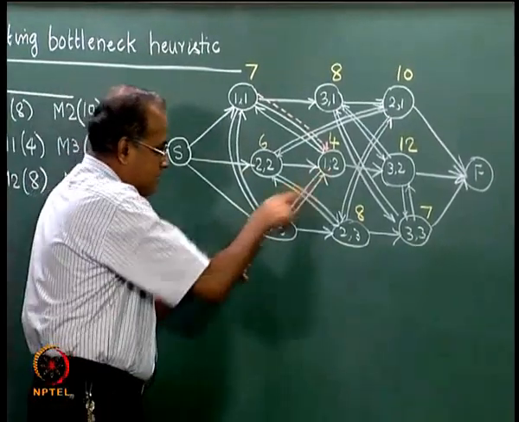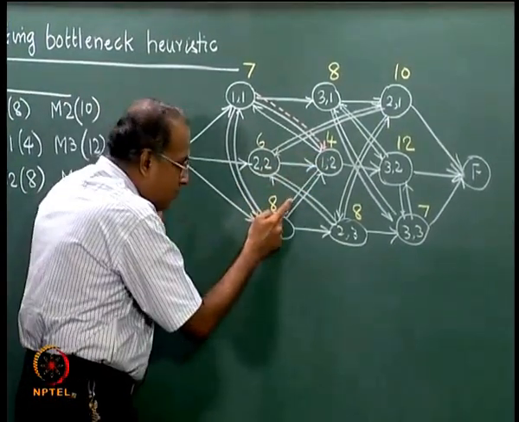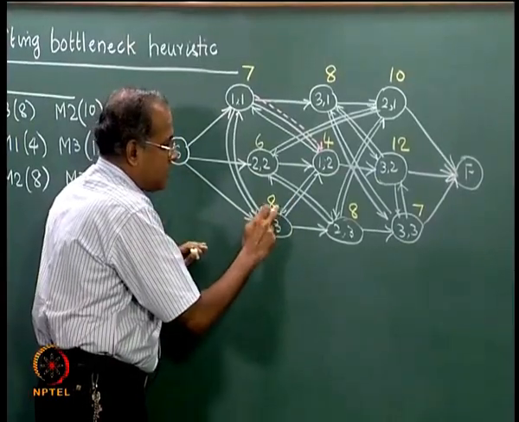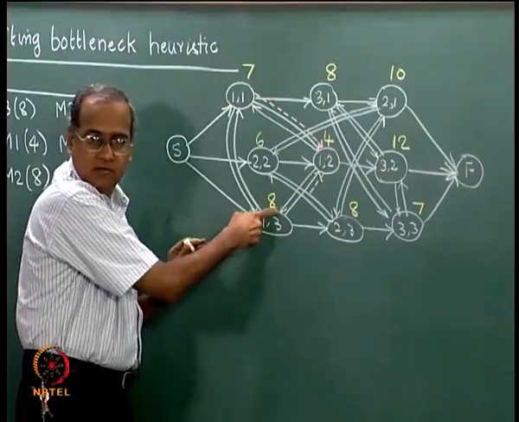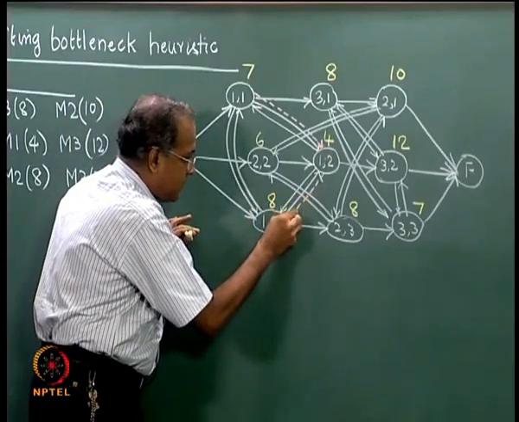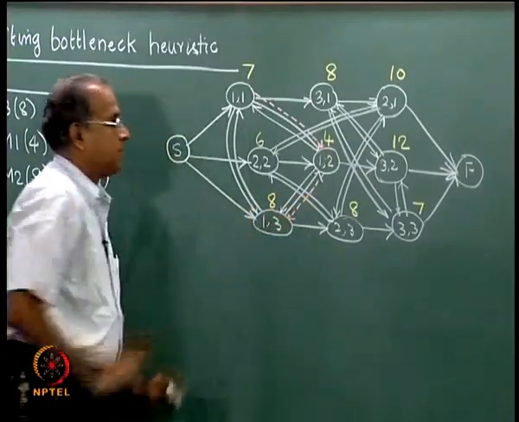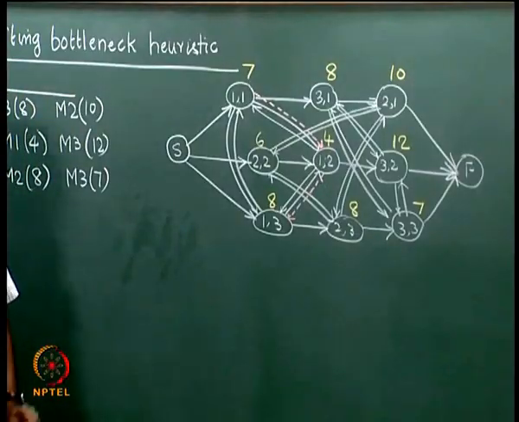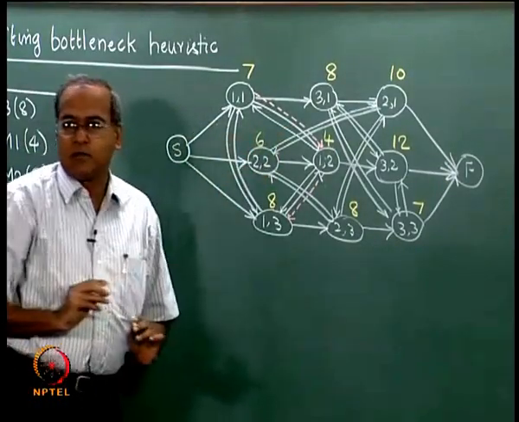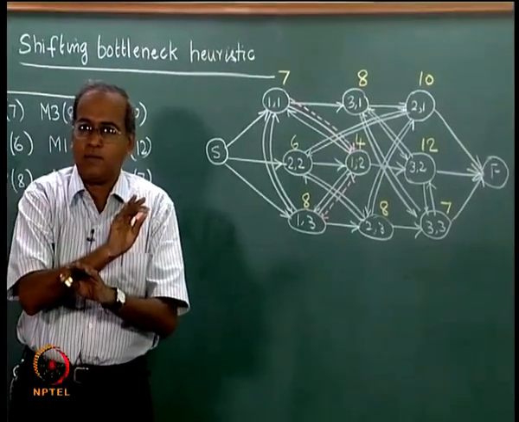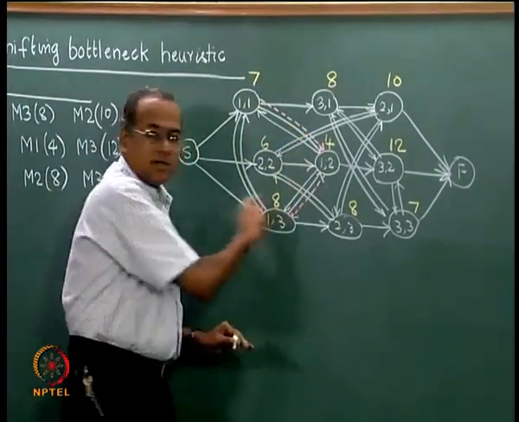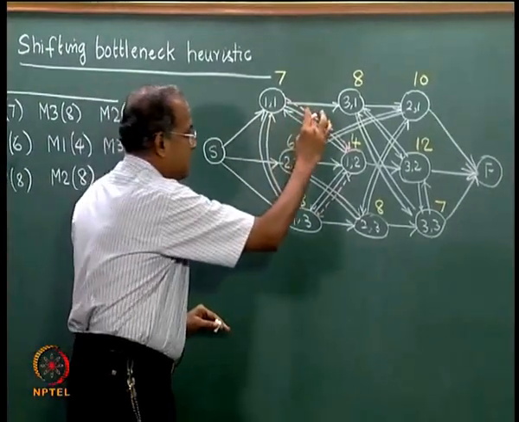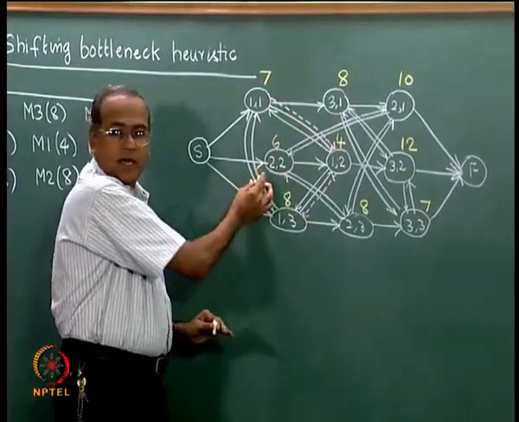Similarly, since 3 is done after 2, between these 2 arcs, now this arc will be active, the arrow mark here will be active, which is now shown by this dotted arc. So, for the SPT sequence on M1, the 2 dotted arcs are now replacing this pair and this pair.